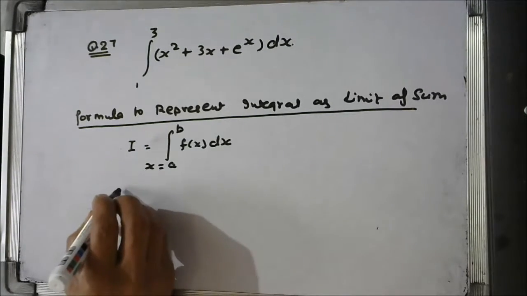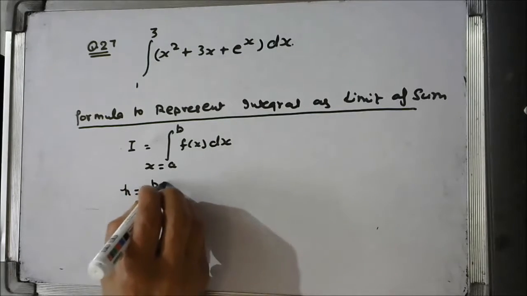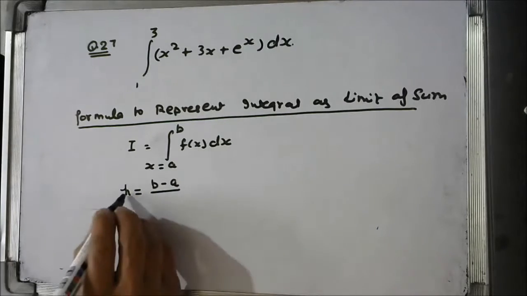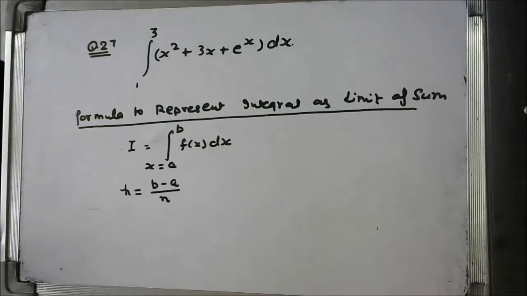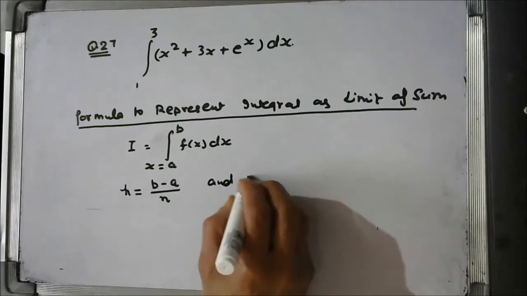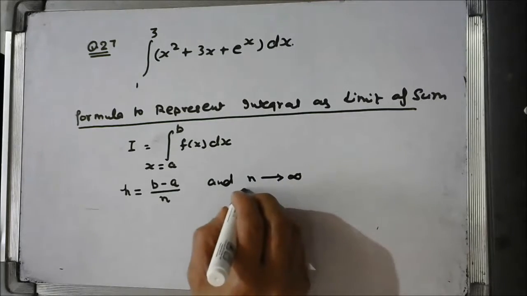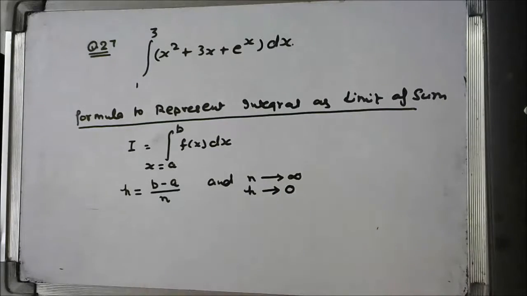Then I divide the interval into small sizes, each interval having size h given as (b minus a) upon n, and n is made extremely large and h is automatically reducing to 0.